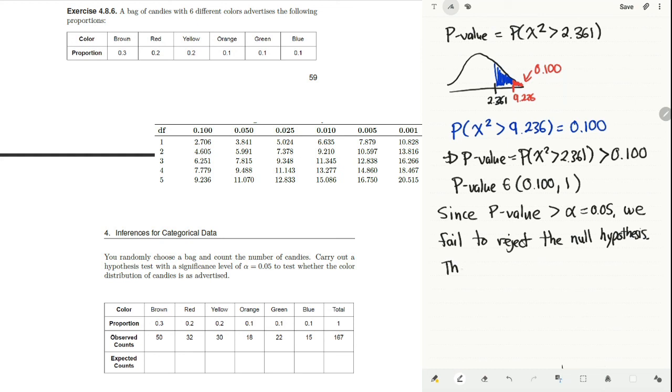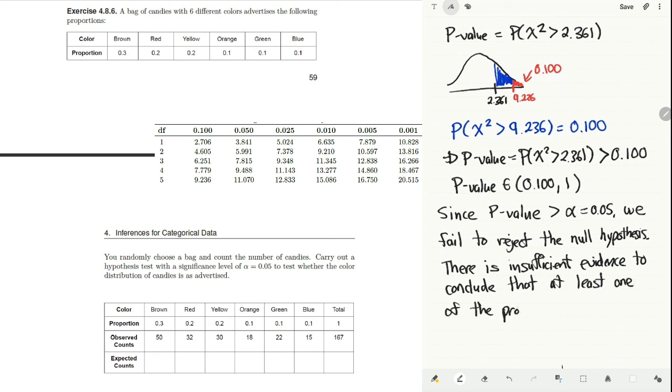Since we failed to reject the null hypothesis, this means that there is insufficient evidence to conclude that at least one of the proportions differs from the advertised claim.